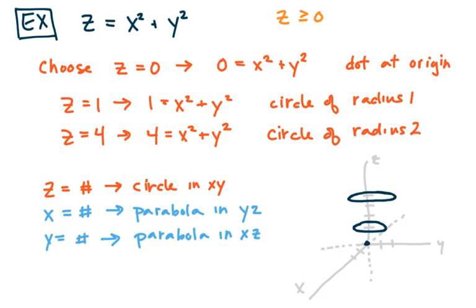And so we can see that it's expanding up. If we consider what's going on in the YZ plane, because that's what we're looking at head on, we said we'd be getting a parabola of sorts.